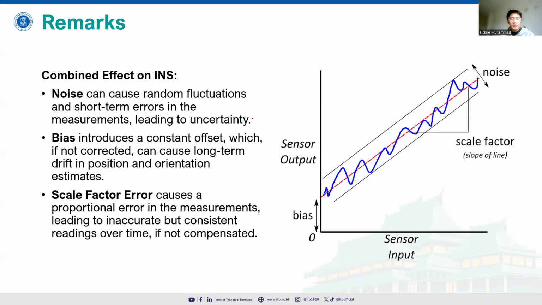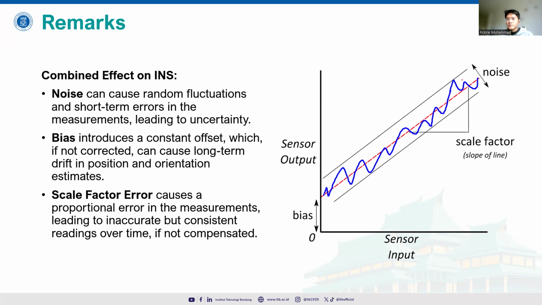The other one is that scale factor error causes a proportional error, because the scale factor is already defined by the data sheet of the IMU. So we can basically just align the measurement based on the scale factor. It leads to inaccurate measurement, but it's consistent because the scale factor is already defined over time. So we have to compensate for the scale factor error.